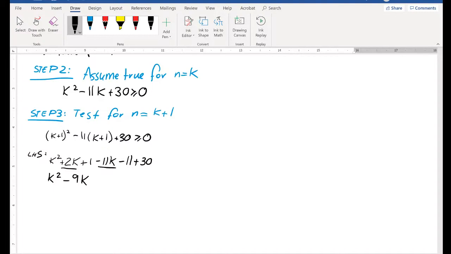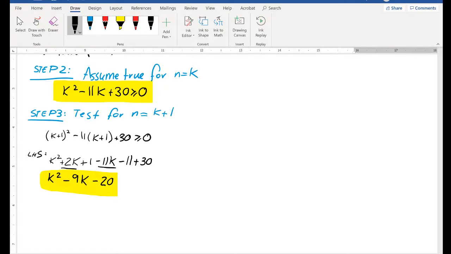Then I'm going to get negative 20. Alright, now remember, this whole idea is that point now where we want to put this value here in here somehow. So what could we do?